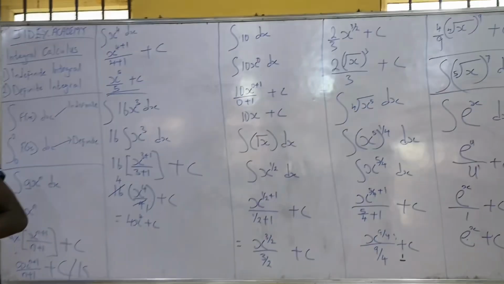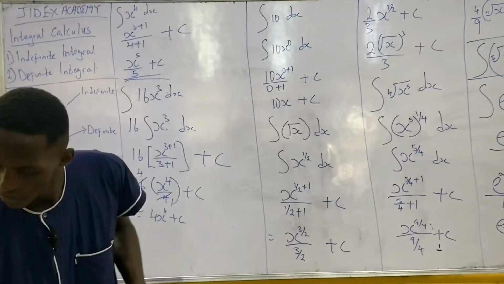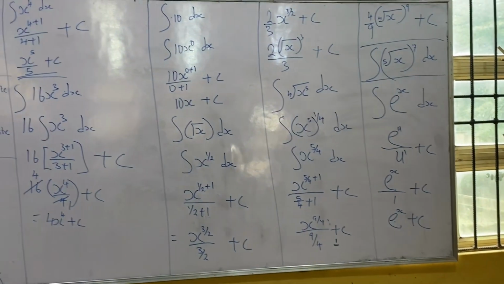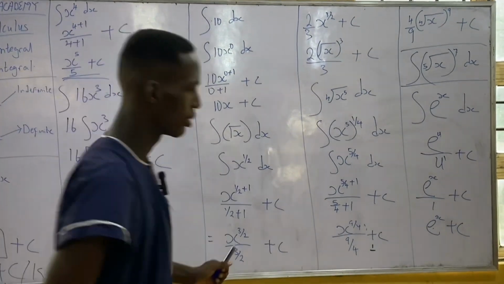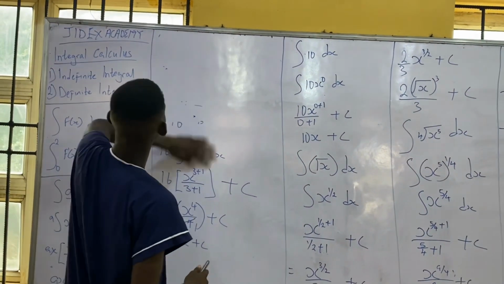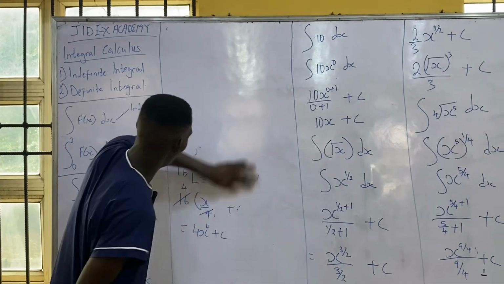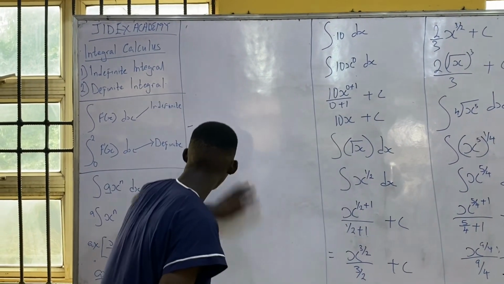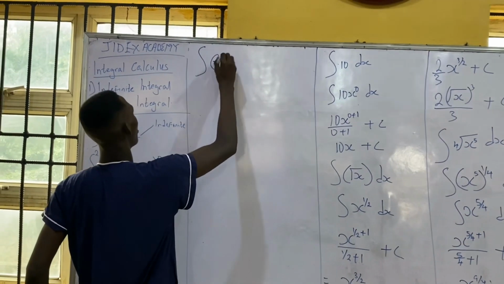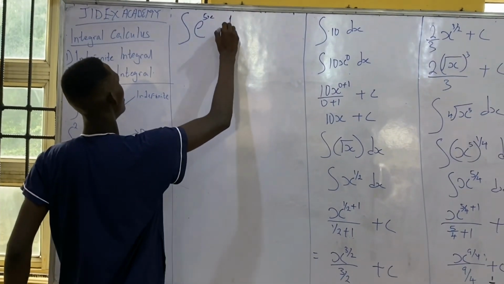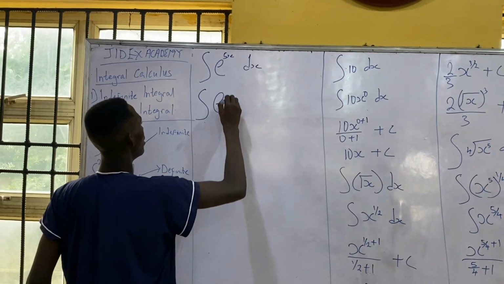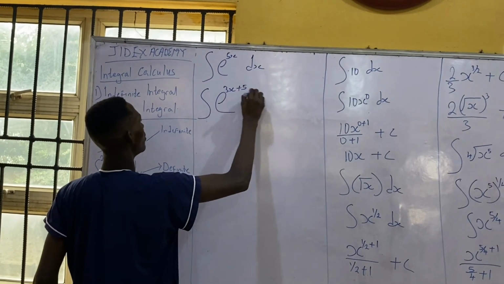We have e to the power of 5x dx. That's our first question. And we have e to the power of 3x plus 5 dx.